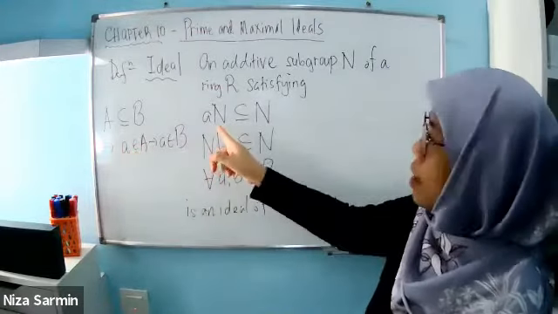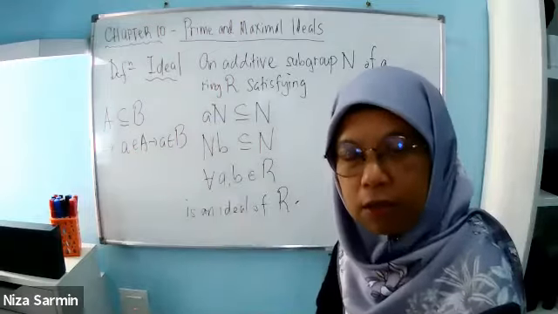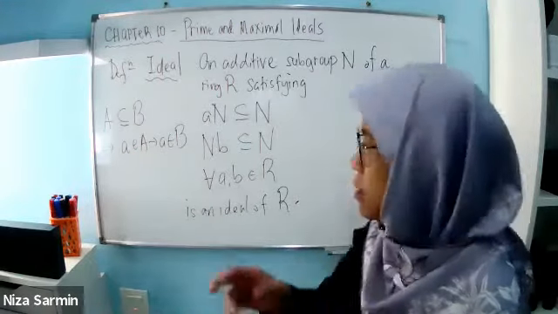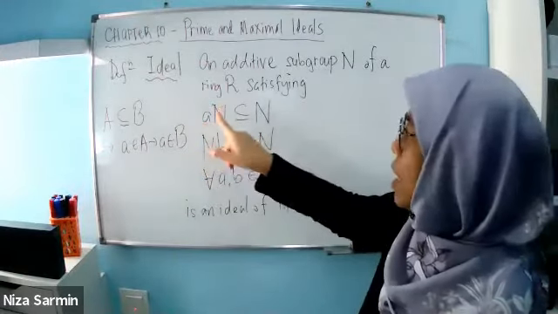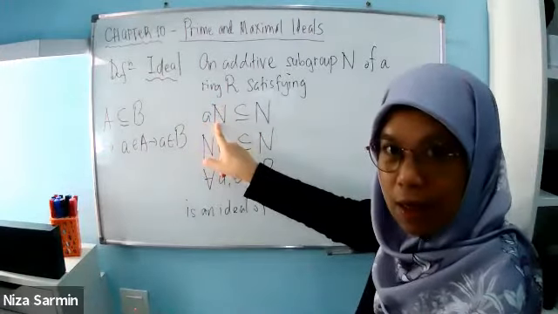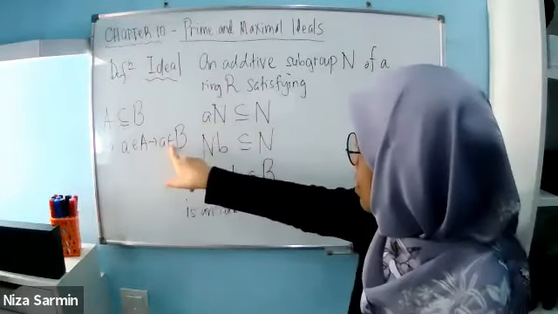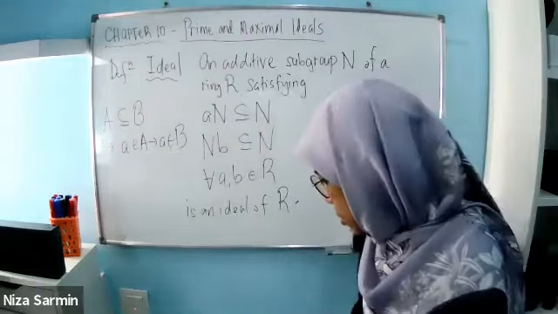That is how I used this in my previous class to show that it's inside, right? If you go back and see, I take one element in A, I take one element in N, and then I show that this is an element in N. That is how you have to show it.